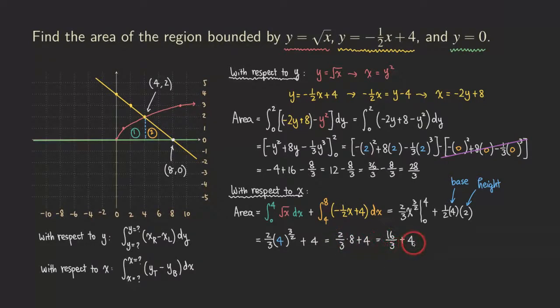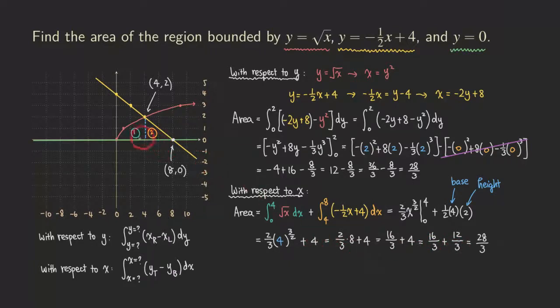And then now get the common denominator. We get 16/3 plus, what do we have here? 3 times 4 is 12. And so final answer, 28/3. Same answer, as you can see.